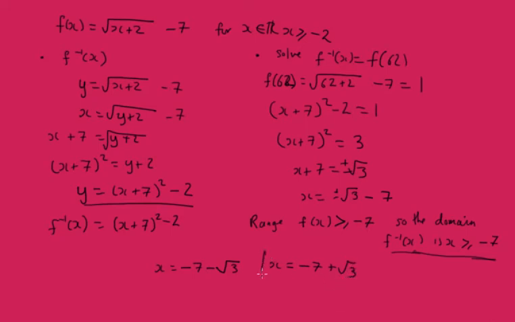This has to be the only solution because it gives us x greater than or equal to minus 7. It's going to be greater than minus 7, whereas the other will be less than minus 7, so that cannot be a result. So the only solution is when x is minus 7 plus root 3.